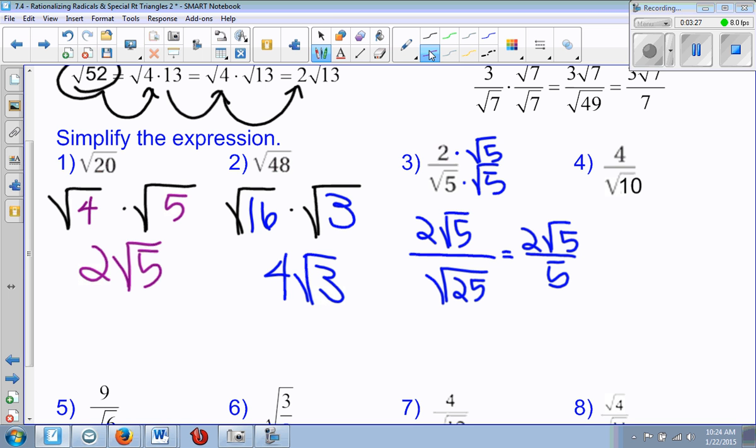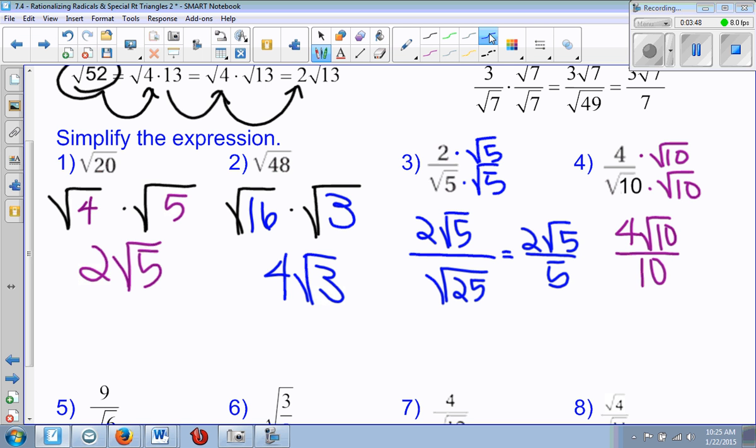Very similar process in number 4. We're going to multiply top and bottom by the square root of 10. It's called rationalizing the denominator. We end up in the numerator with 4 root 10. In the denominator, I get 10. Now what we can do is we can simplify here.